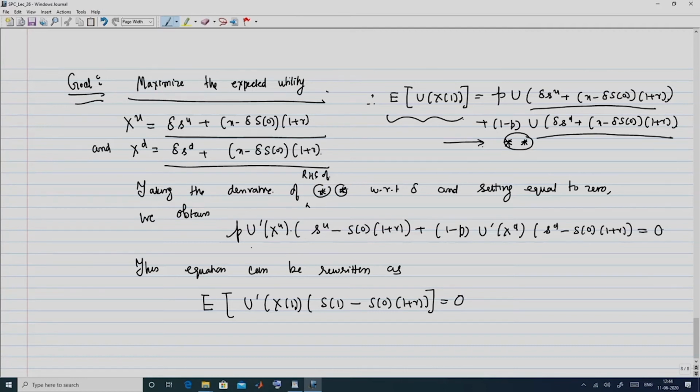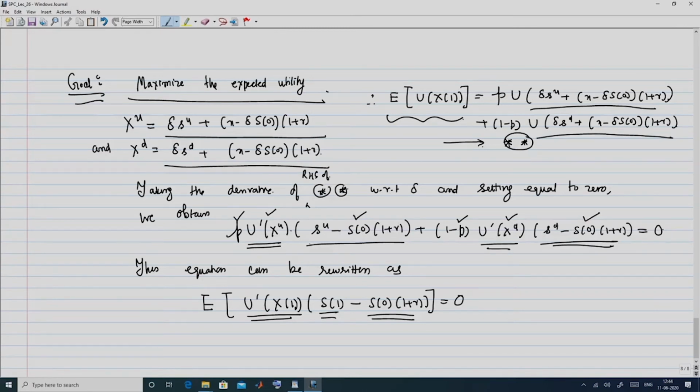So, you see the random variable here is u prime of xu into this expression and u prime of xd into this expression. So, x1 u prime of x1 will be u prime of xu with probability p and u prime of xd with probability 1 minus p, and S1 minus S0 into 1 plus r is going to be this expression with probability p and this expression with probability 1 minus p.